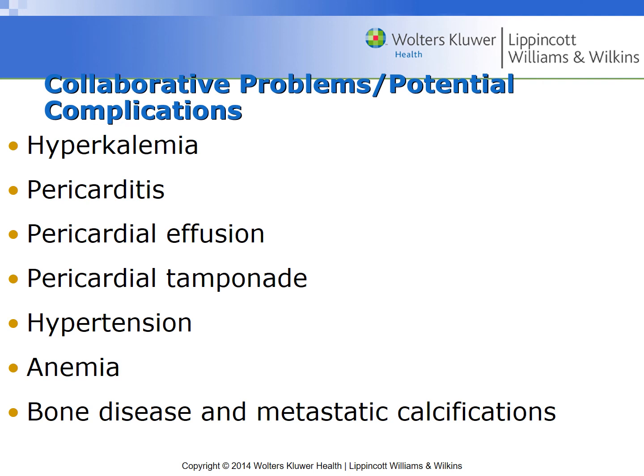So if we've got to calculate what the patient can have in a 24-hour period, we've got to have accurate output. And so that's going to be important to communicate with your tech or nursing assistant, so that we'll know an accurate amount of fluid restriction that's needed.